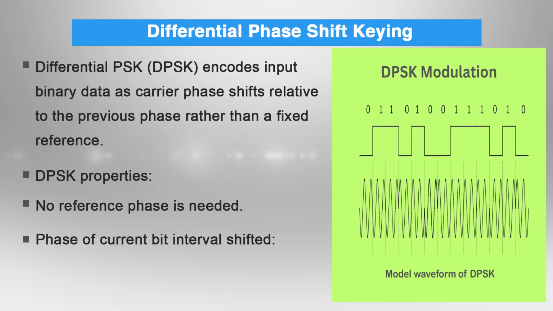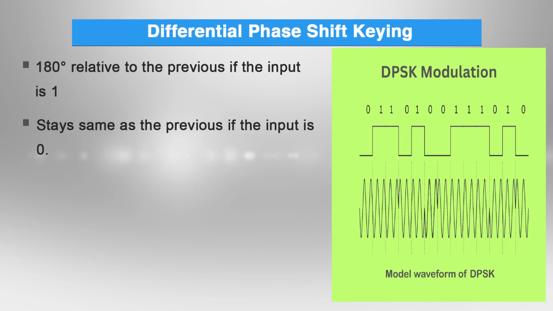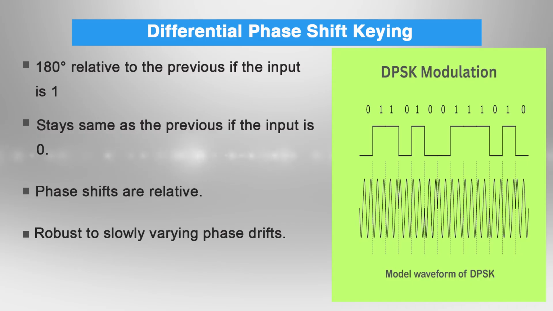The phase of the current bit interval is shifted 180 degrees relative to the previous one if the input is 1, and it stays the same as the previous if the input is 0. The phase shifts are relative and it is robust to slowly varying phase drifts.